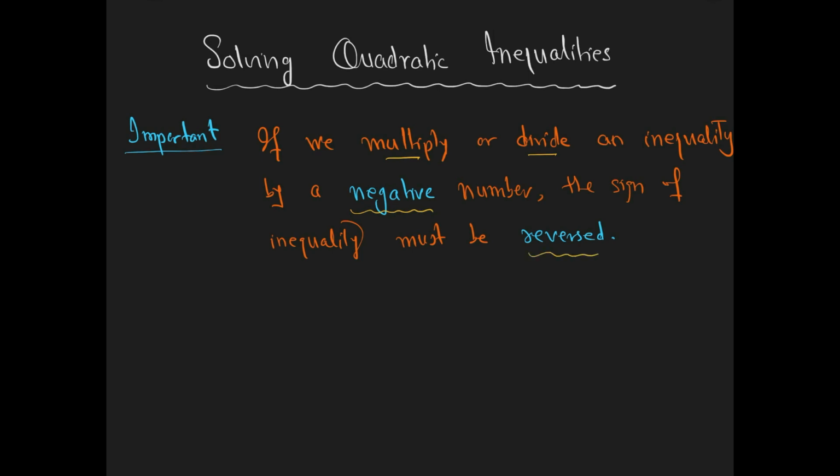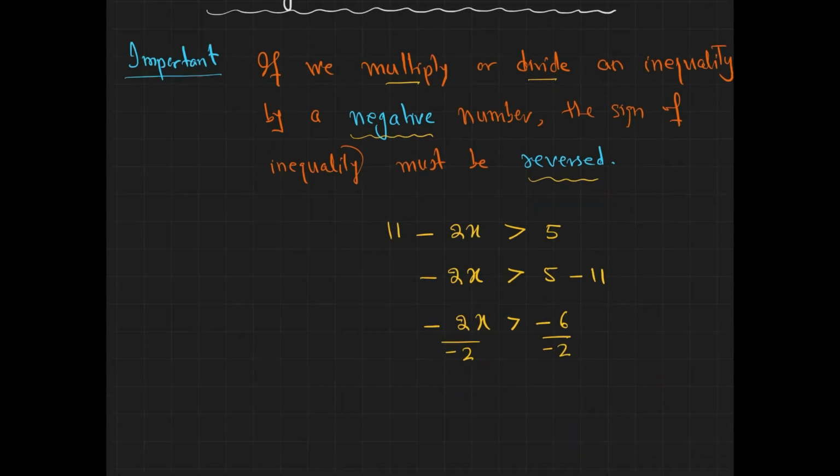For example, if we are given the inequality 11 minus 2x is greater than 5 and we are asked to solve it, we will get minus 2x is greater than 5 minus 11, or minus 2x is greater than minus 6. Now we have to divide both sides of this inequality by negative 2 in order to get the value of x.